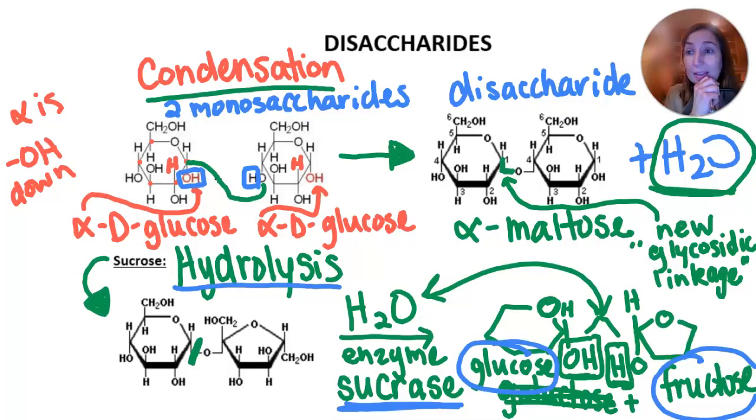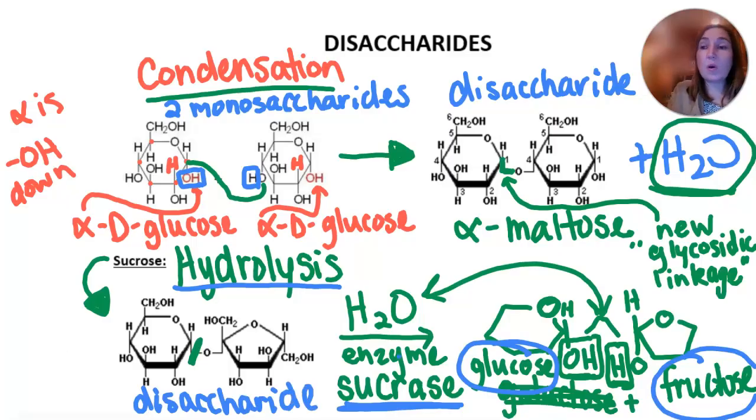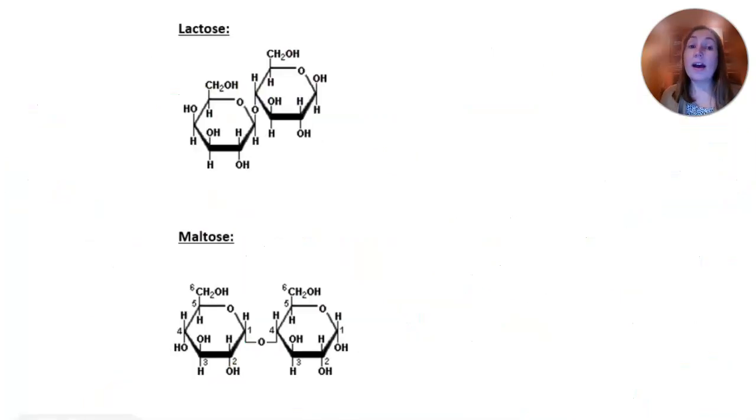And then in the opposite direction, hydrolysis is going to take our disaccharide, use water and an enzyme. So in the case of sucrose, the enzyme is sucrase, and break it up into its two component monosaccharides, which are glucose and fructose.